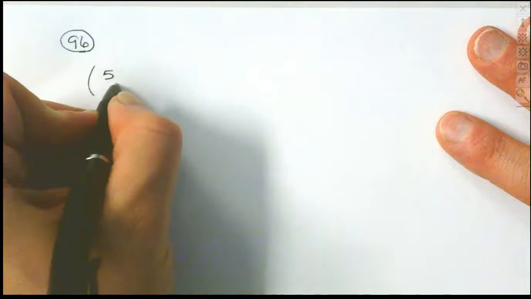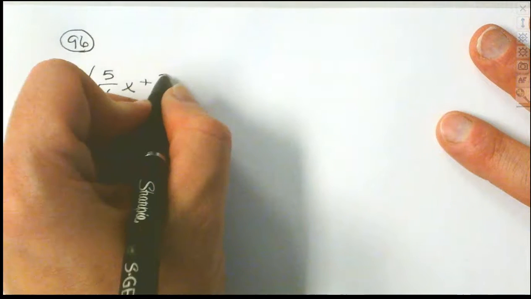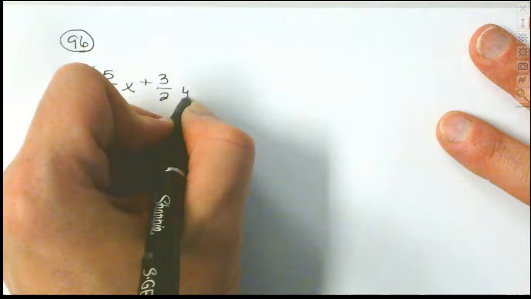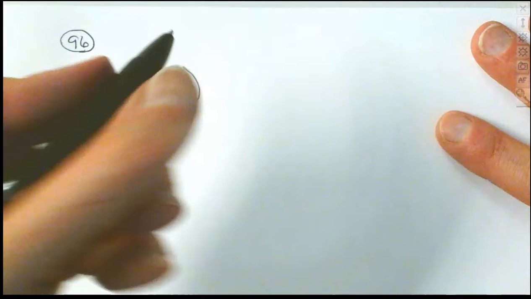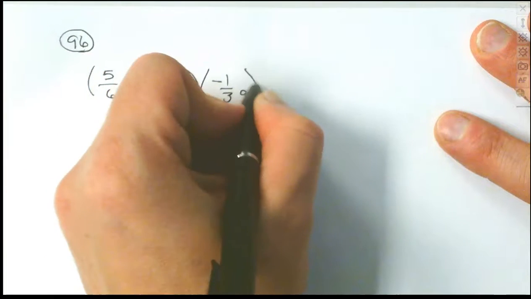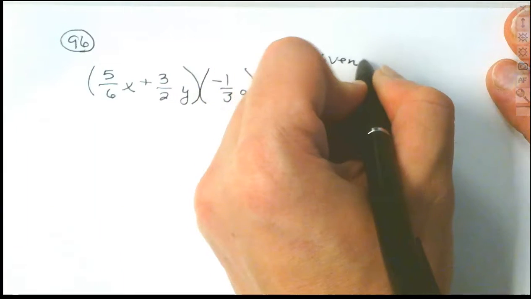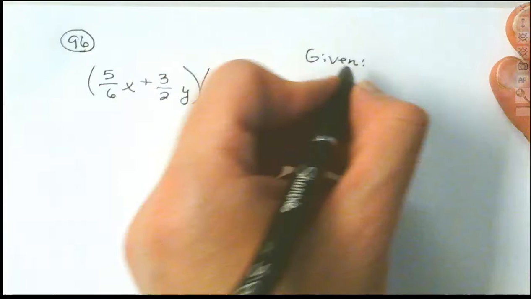We've got 5/6 x plus 3/2 y times a minus 1/3 a. And you're given the following values.